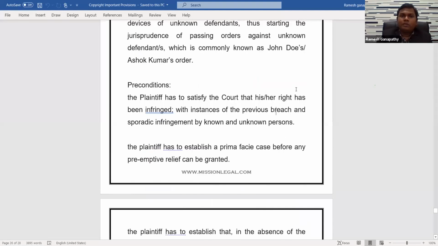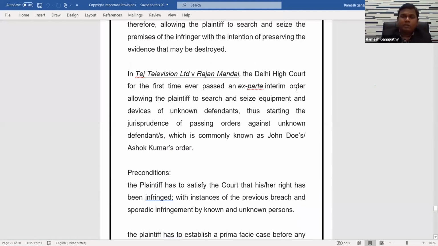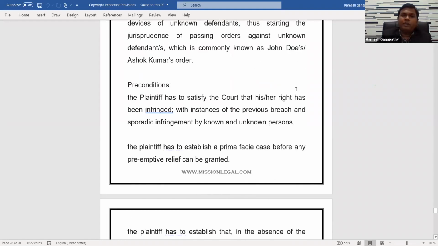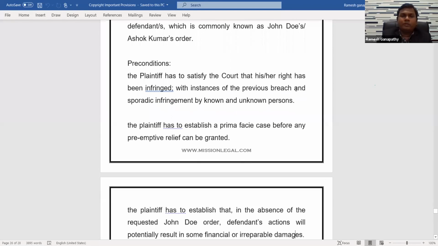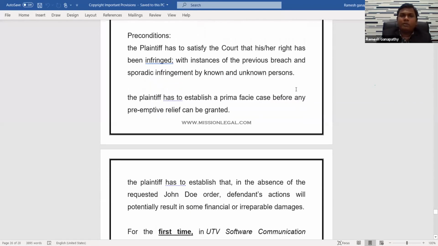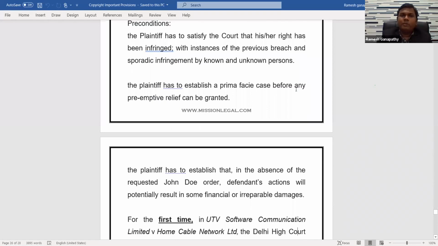What are the preconditions? It is not that in every case you can go and get a John Doe order. What are the preconditions laid down by the courts in India? Number one, the plaintiff has to satisfy the court that his or her right has been infringed, with instances of previous breach, sporadic infringement by known and unknown persons. Number two, the plaintiff has to establish a prima facie case before any preemptive relief can be granted.